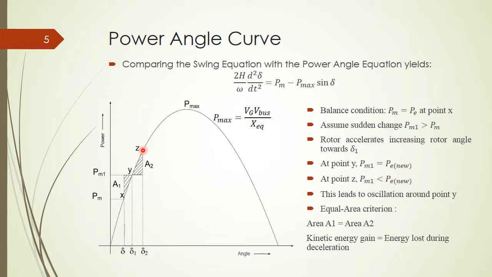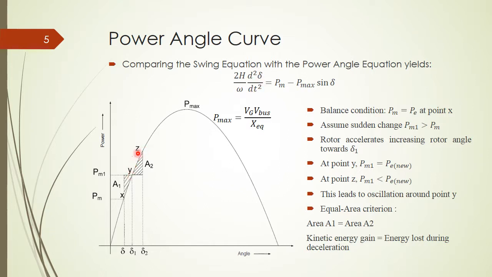So next, it needs to swing back to the initial point, because here our right hand side will be negative, and therefore the d squared delta over dt squared will be negative.